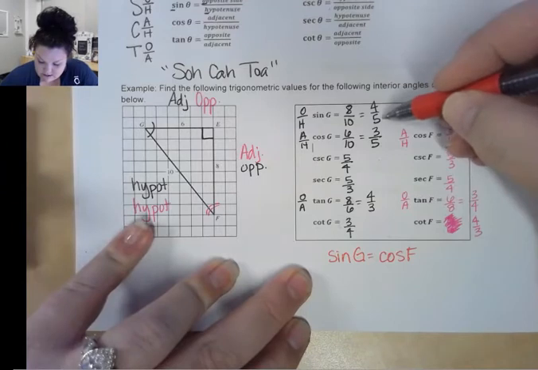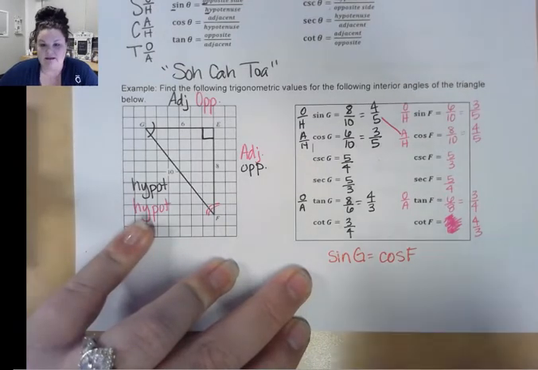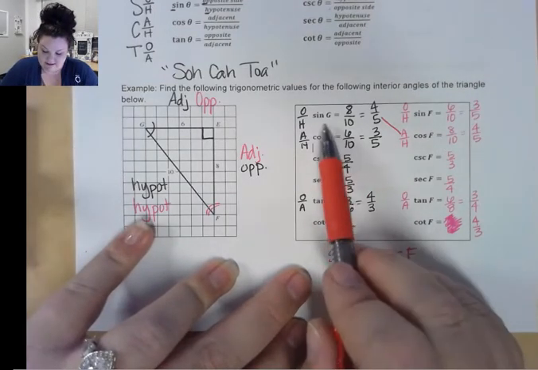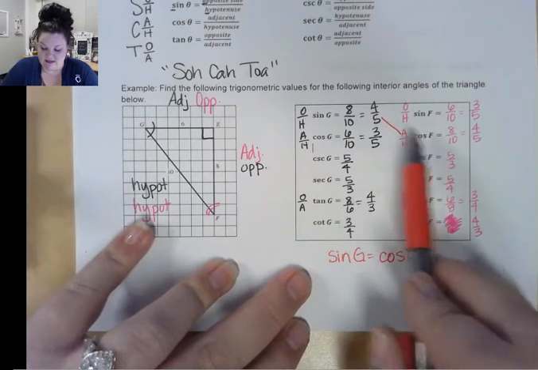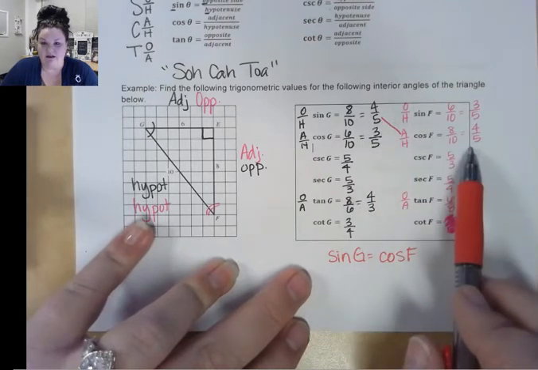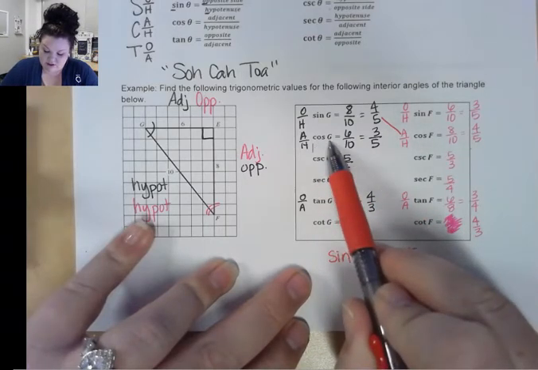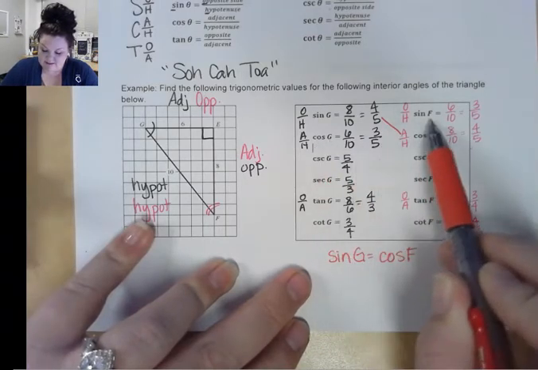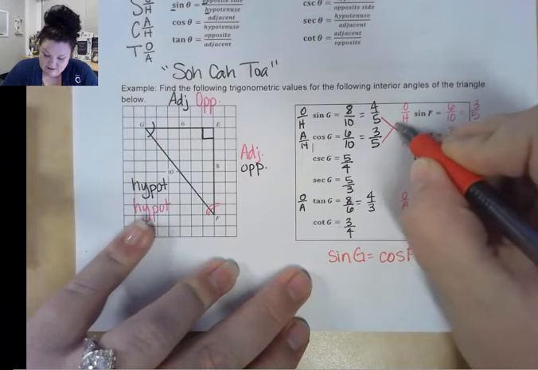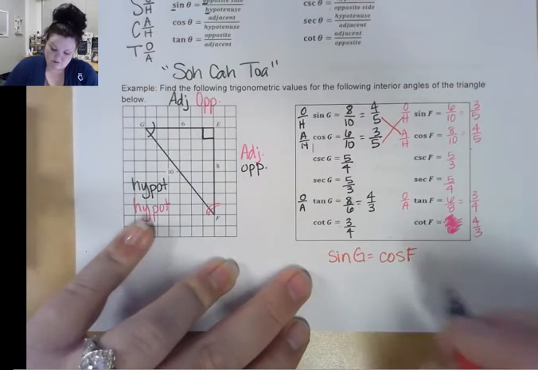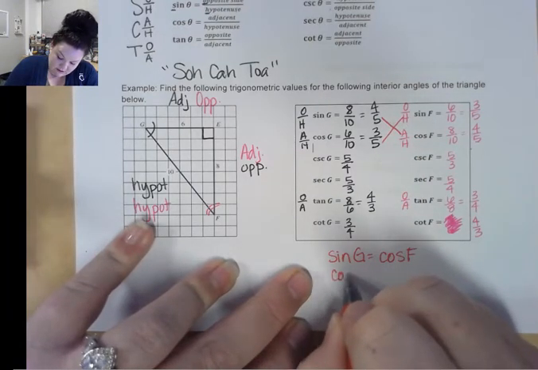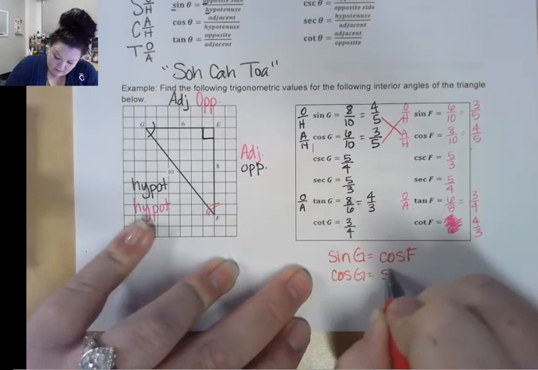Or in other words, these two gave me the same value. If I did sine G and cosine F, I got the same thing. Or vice versa, notice if I do cosine G, I ended up with the same thing as sine F. So these two are the same as well, right? So cosine G is equal to sine F.